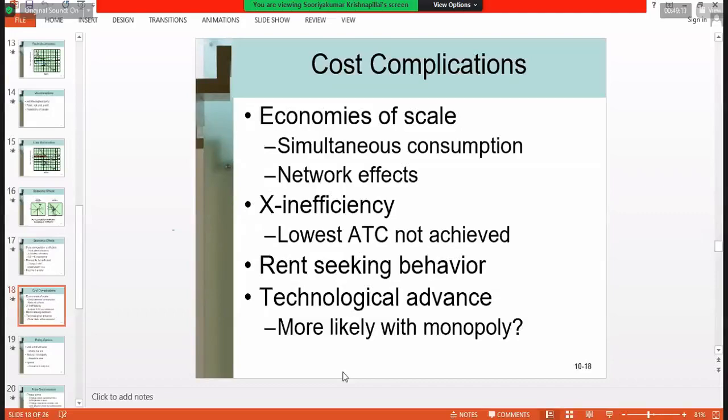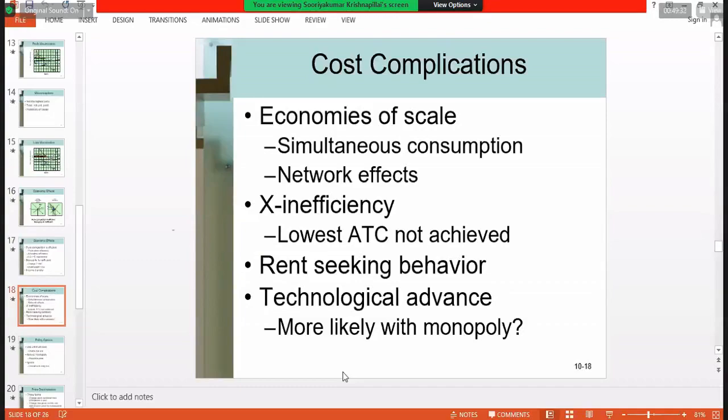So that is rent-seeking behavior. And technological advance. We may think he is the only producer, a very large firm. Then some argue the monopoly is a large firm, so they can invest more money in research and development.